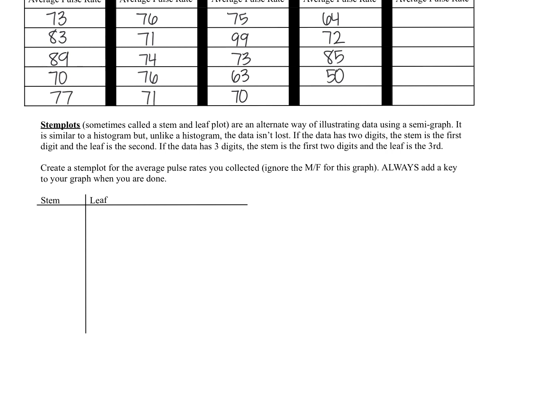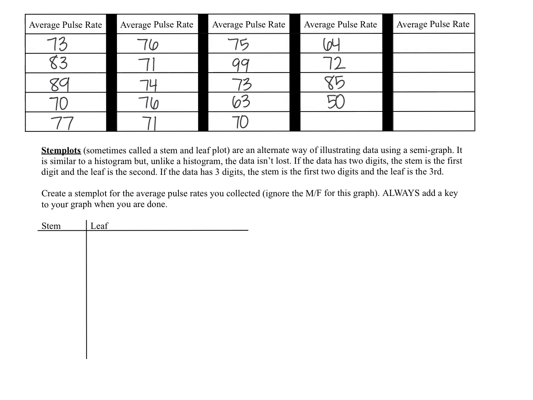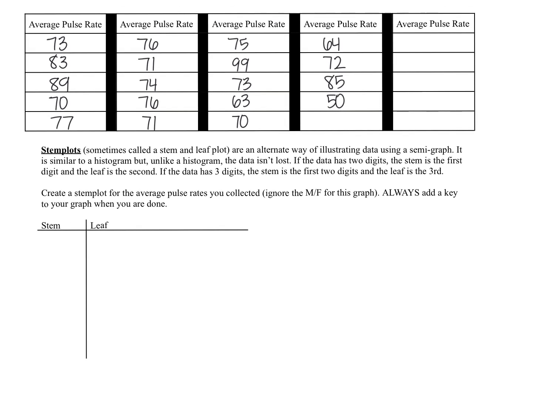what your data represents. So when we're creating our stems, you look for the lowest heart rate, and that tells you what your first stem has to be. So my lowest heart rate is 50. And then your largest number, which is 99. So I have to include every stem from 5 to 9.